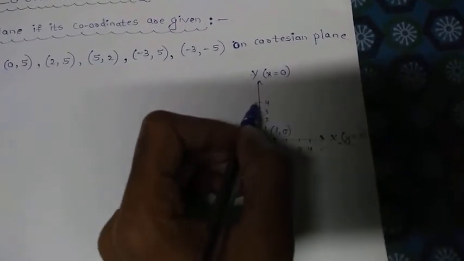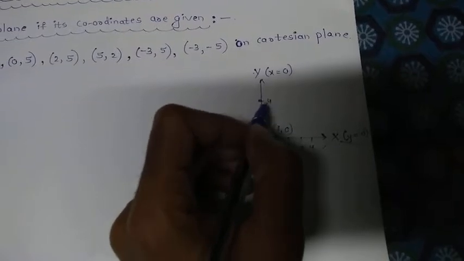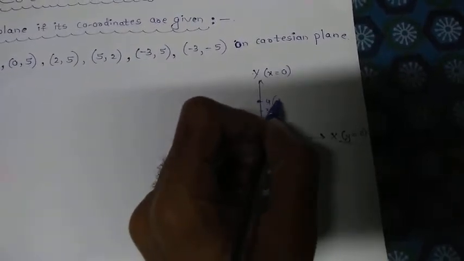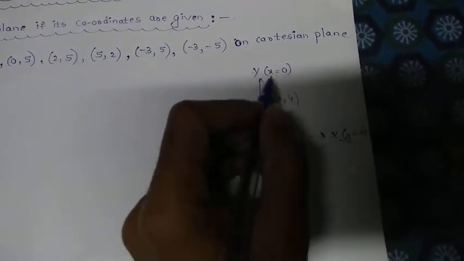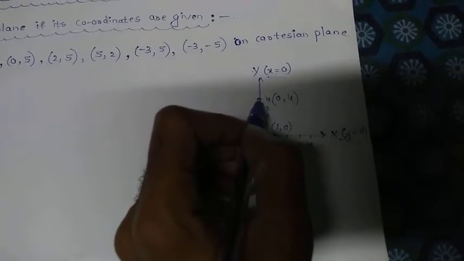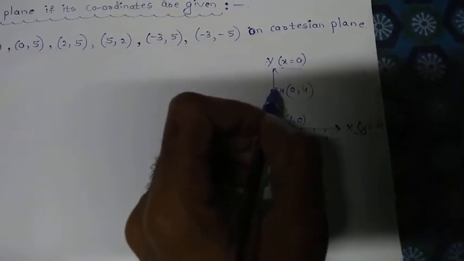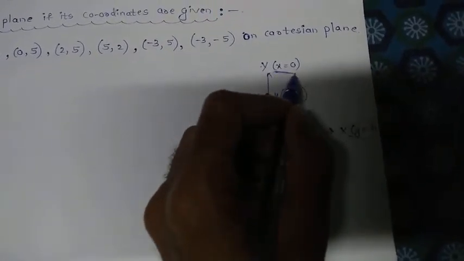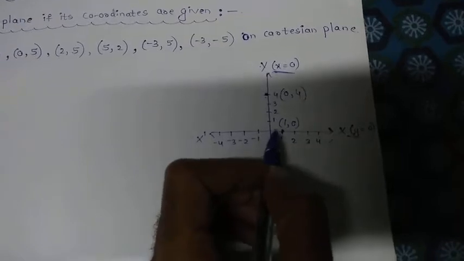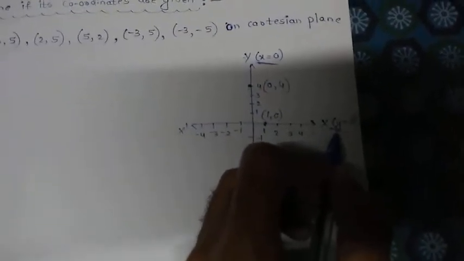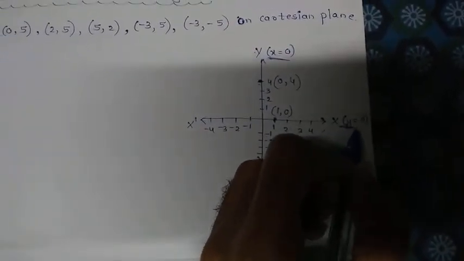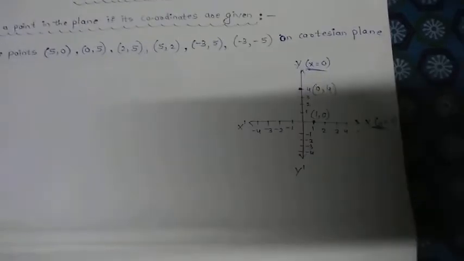If you are finding this point, the coordinates of this point are 0, 4. Why? Because if the point lies on the y-axis, its x coordinate will be equal to 0, and if the point lies on the x-axis, its y coordinate will be equal to 0. I hope this point is clear.